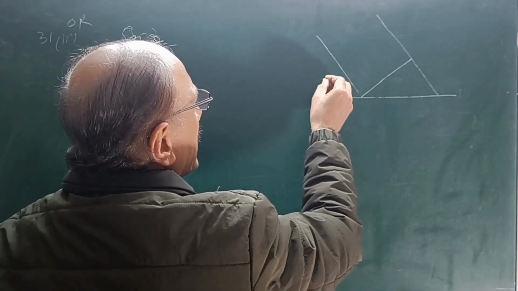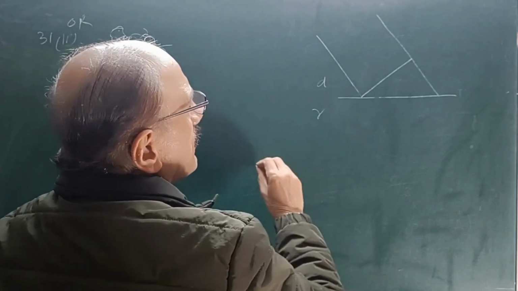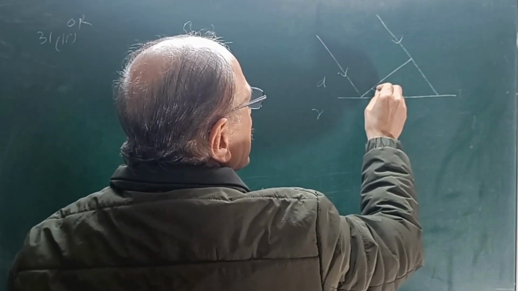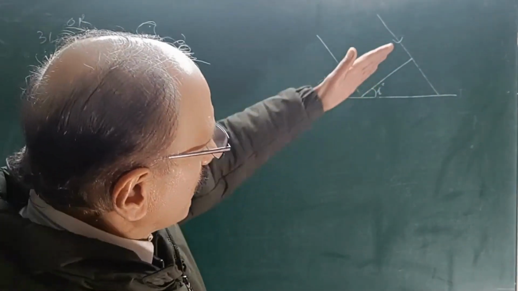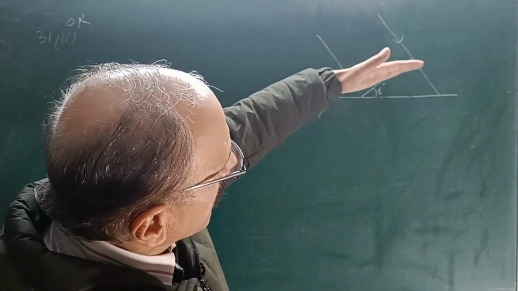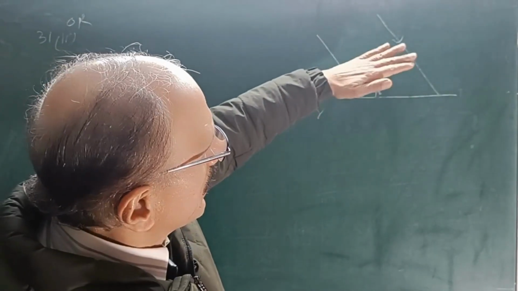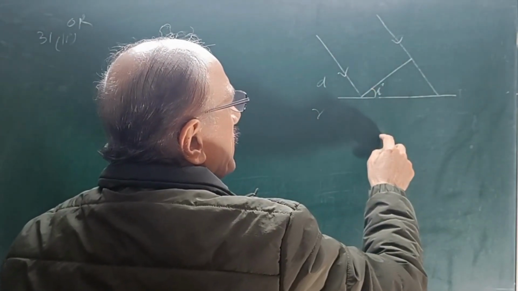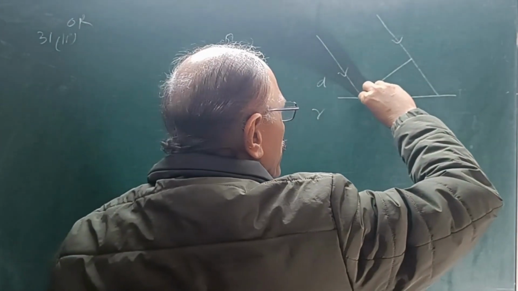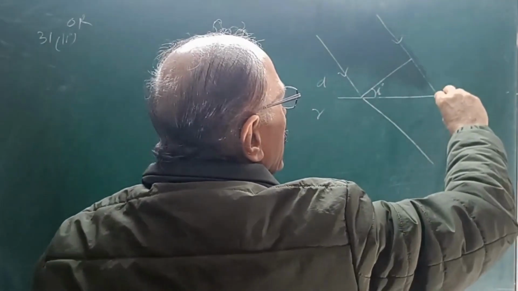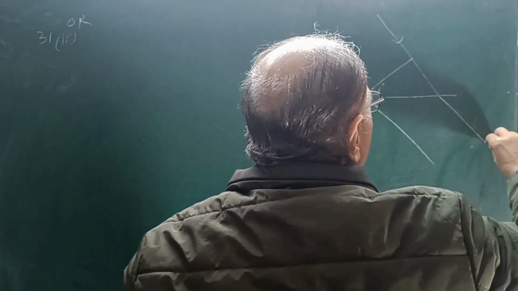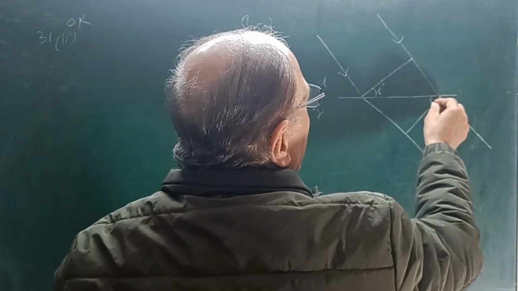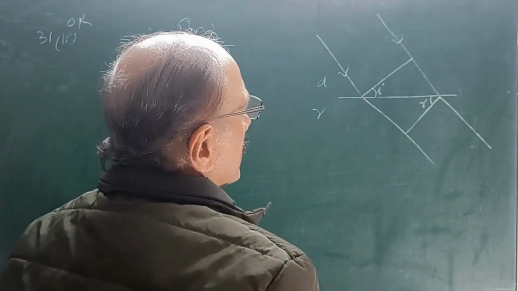So it is denser medium and this is the rarer medium. So this ray, this is the angle of incidence. The angle between the wavefront and the surface plane is always the angle of incidence. Since this is the rarer medium, it will go away. So it will move like this, and similarly this will move like this, parallel to this. So this is the wavefront and this will be the angle of refraction.